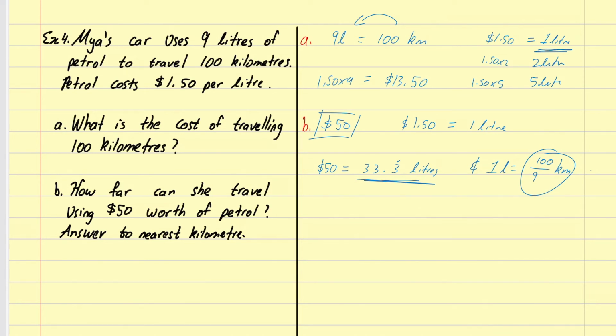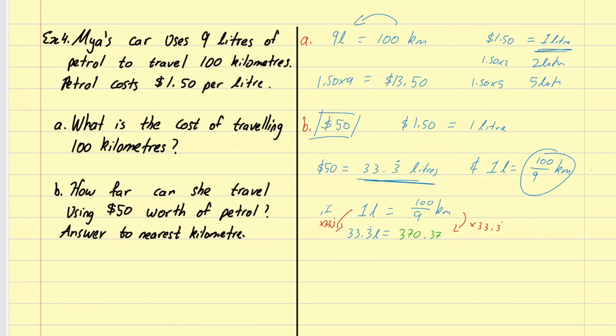So what I'm going to do is, if 1 liter is equal to 100 over 9 kilometers, how many kilometers would I get with 33.3 repeated liters? We would have to multiply by 33.3 repeater, which would equal 370.3737.